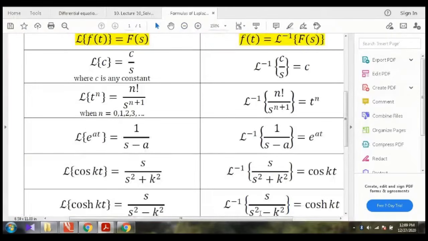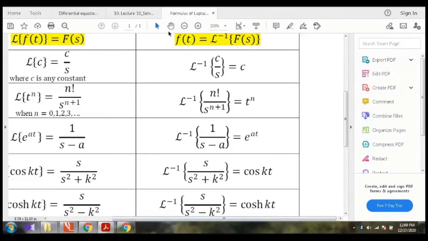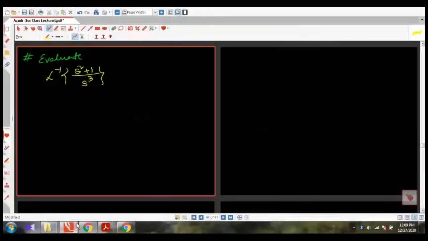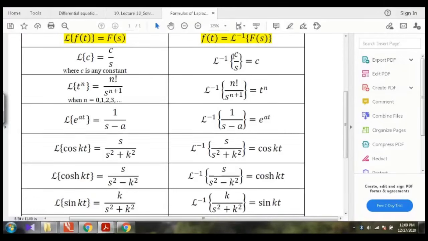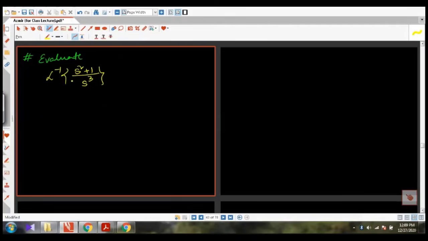Is there any direct formula that goes with our given question? No, sir. Here we have a formula for the inverse Laplace of c by s, the inverse Laplace of 1 over s minus a, and so on. But we don't have any direct formula that goes with our given question.